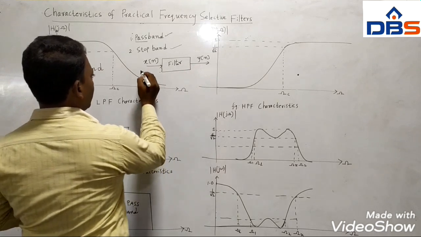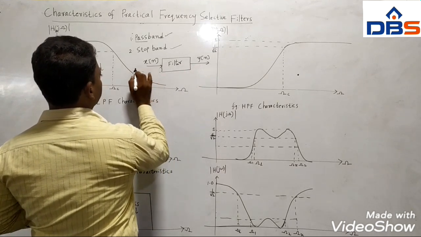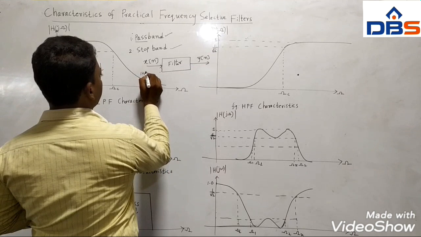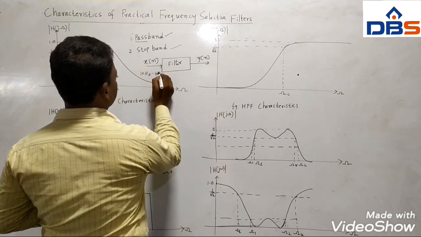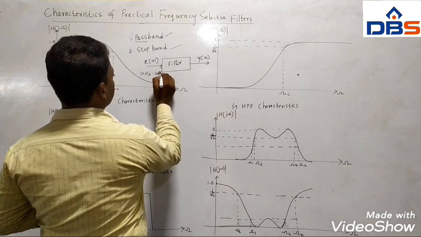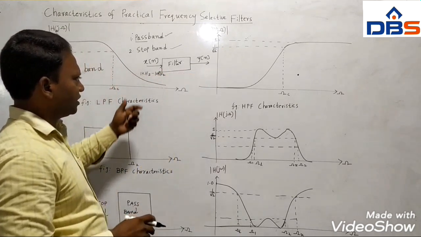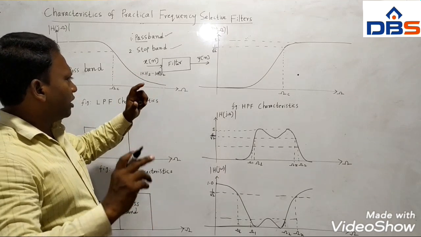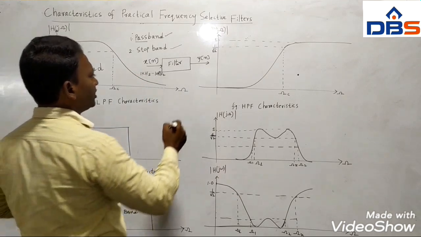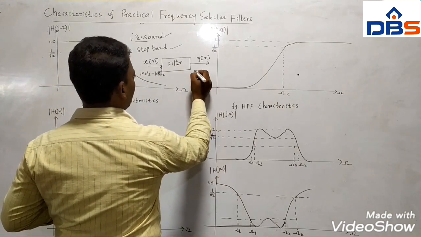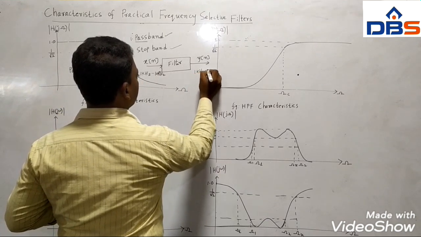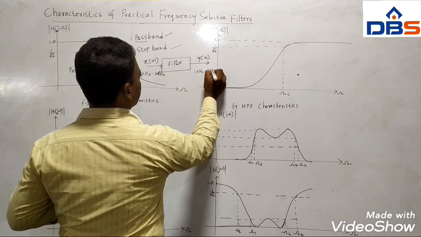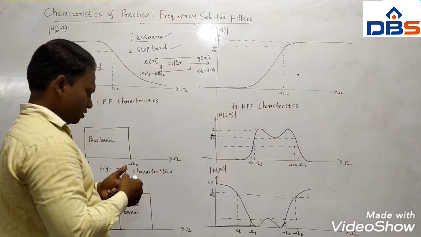Suppose I have a band of frequencies at the input side from 1 kilohertz to 10 kilohertz. This is the frequency range. I want only a particular range, from 1 kilohertz to 3 kilohertz, and you can do that.